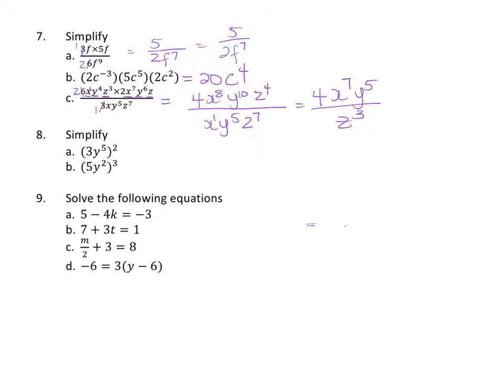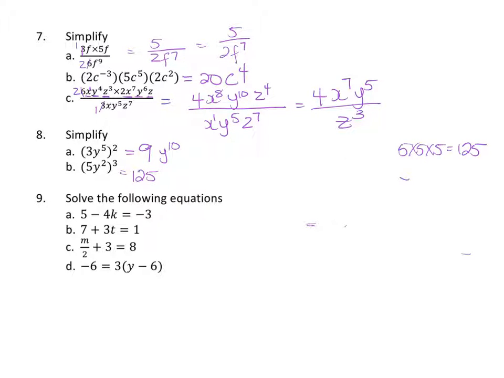For number 8, we get 3 squared, which is 9, and y to the power of 5 squared, which is y to the power of 10. We deal with the numbers, then we deal with the letters. 5 to the power 3 is 125, right? Because 5 by 5 by 5 is 125.